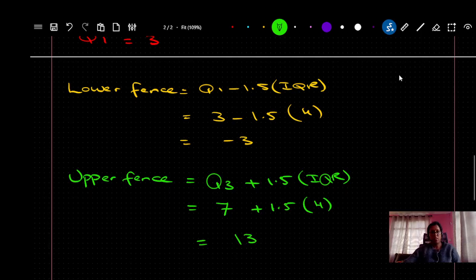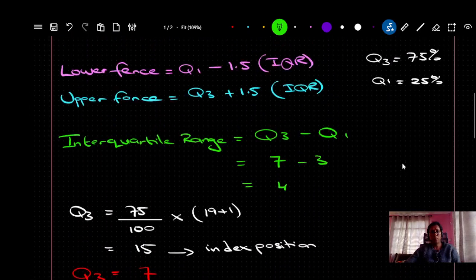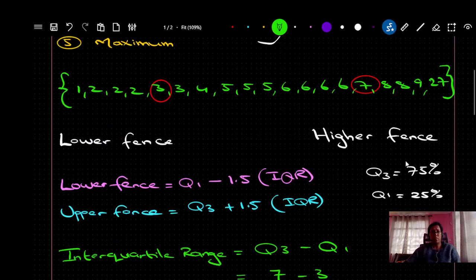Okay, so here we say the lower fence is -3 and the higher fence is +13.